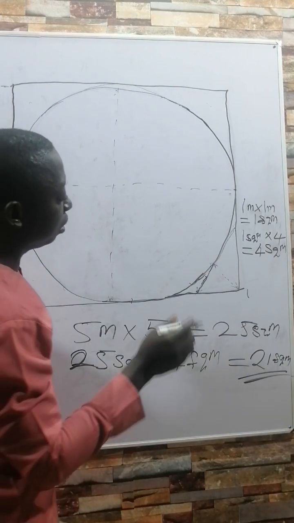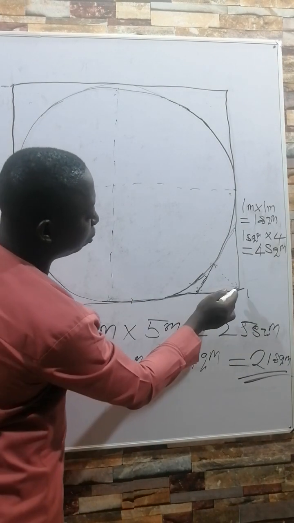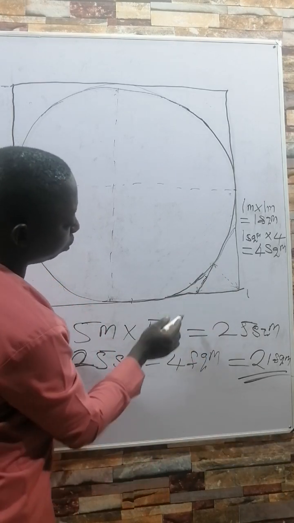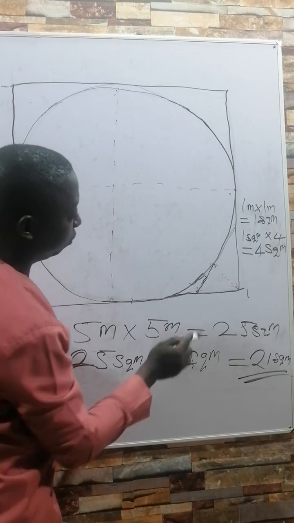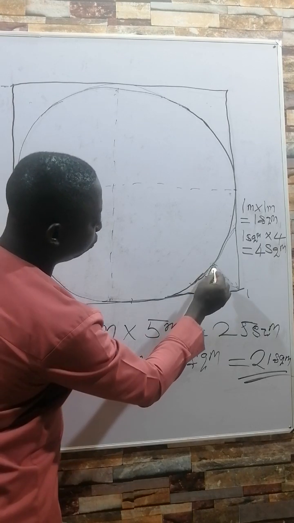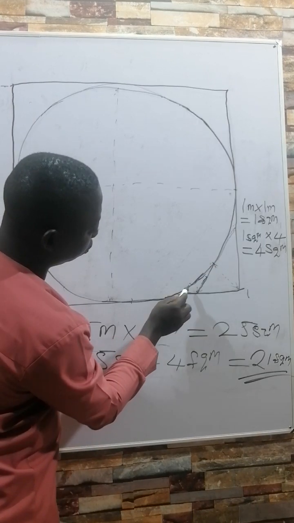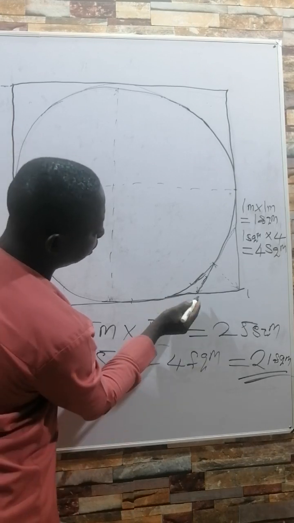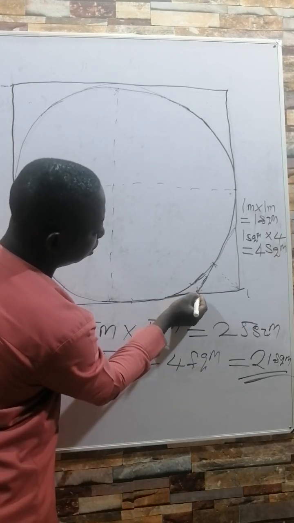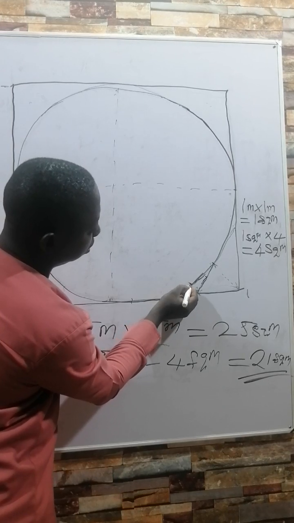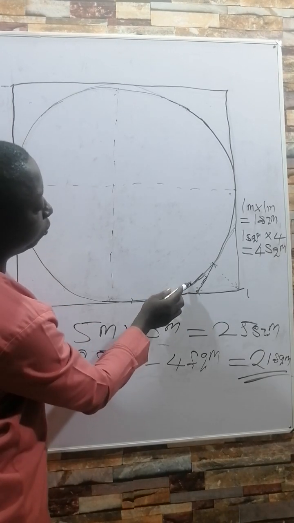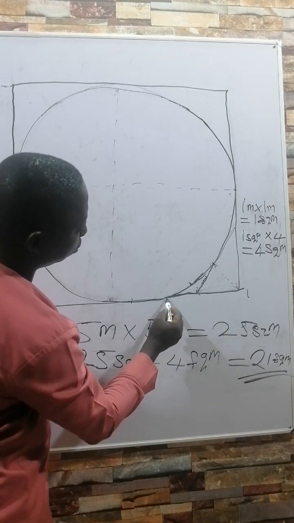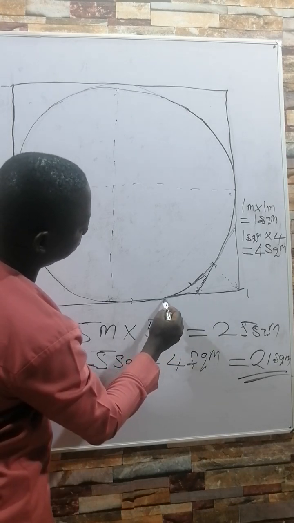Then what you're going to do is, as well as you measure this place and this place to here, you get the same center of this area, which is from here to somewhere here. Then you measure from this point to this point, and also from this point to this point, which is the center.